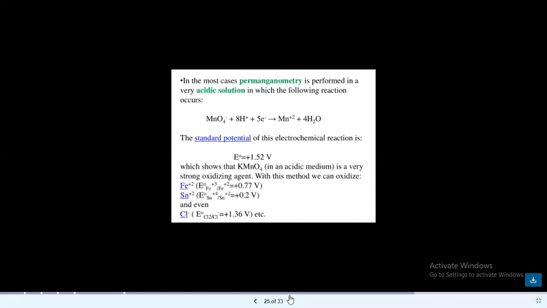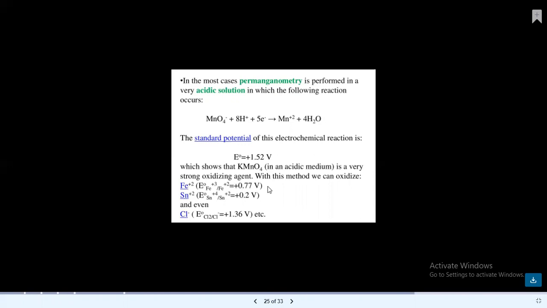Hydrogen peroxide is analyzed with the help of permanganometry. Different substances have different redox potential values, and ferrous or tin chloride can be quantified with the help of potassium permanganate, because depending upon its standard redox potential, it acts as an oxidizing agent, and ferrous is 0.7.